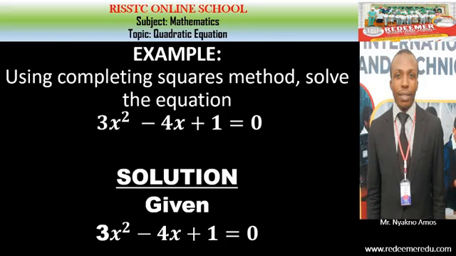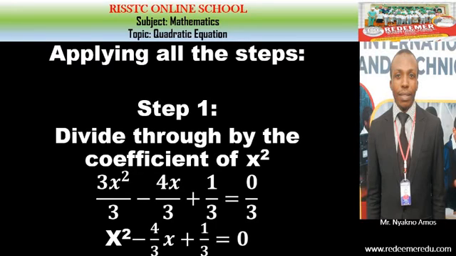Let's solve it together. We have to apply all the steps of solving equation in completing square. First of all, divide through by the coefficient of x squared. We are given 3x squared minus 4x plus 1 is equal to 0. The coefficient of x squared here is 3, the number in front of x squared.